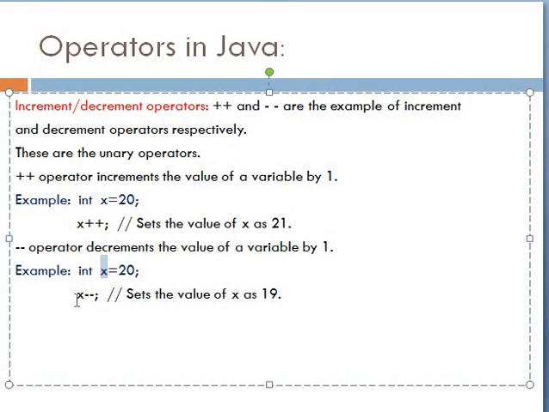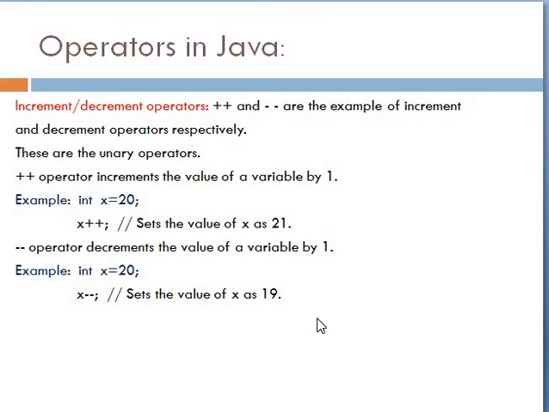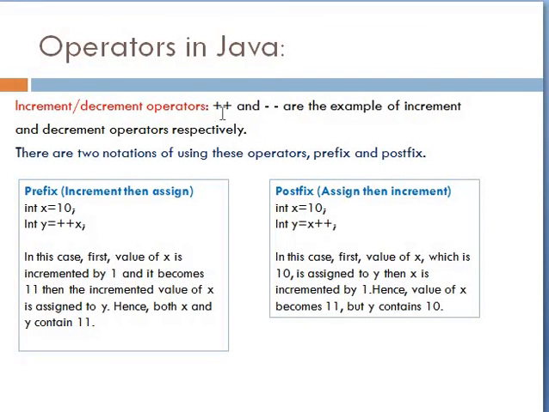As a result, the new value of x becomes 19, because the old value of x, which was 20, has been decreased by 1. So ++ is the increment operator and -- is the decrement operator respectively.